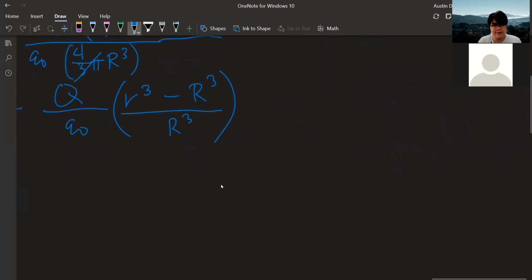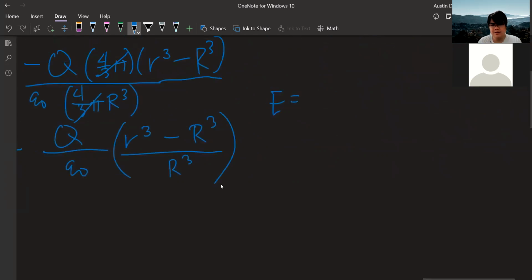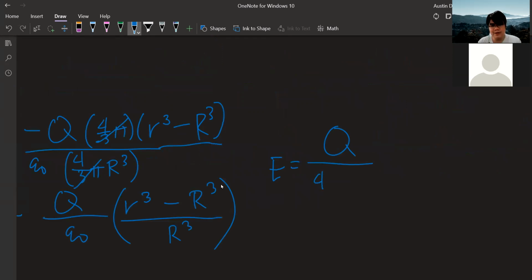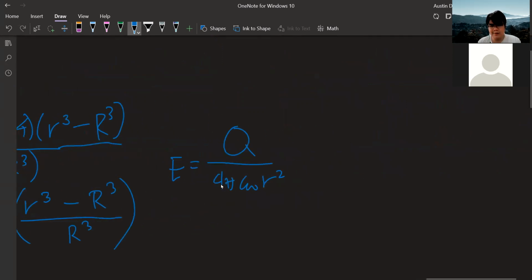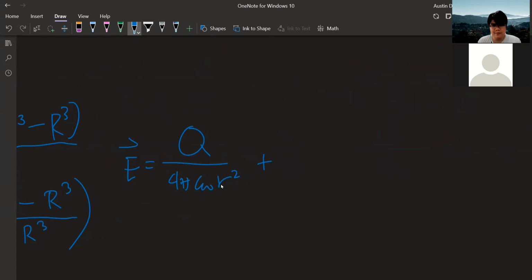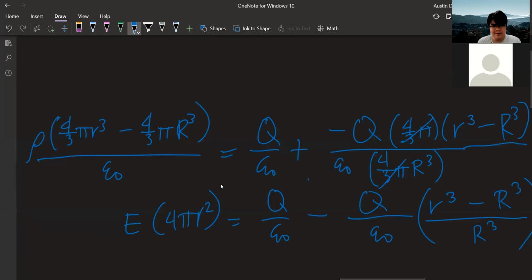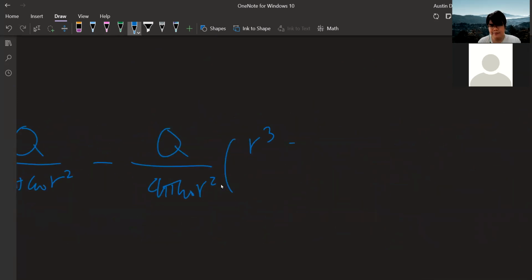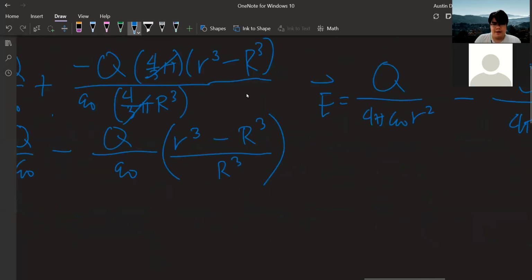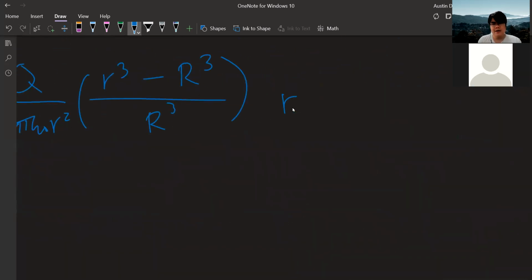Therefore, E has to be Q over 4 pi epsilon naught r squared minus Q over 4 pi epsilon naught r squared, then multiplied by some factor, r cubed minus capital R cubed, over capital R cubed. And then the direction would be radially outward.